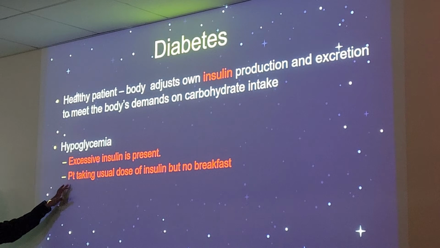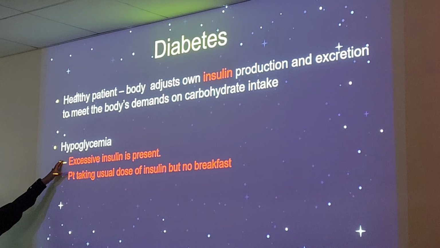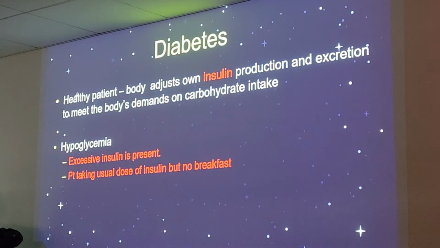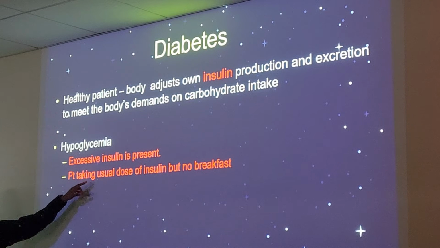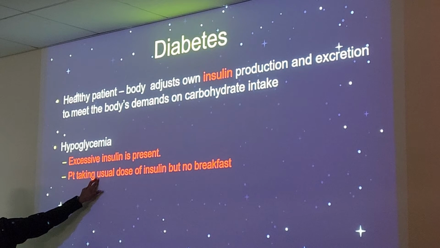So they take their usual dose of insulin, but they don't eat breakfast. So for the brain to function, it needs some sort of glucose or sugar, correct? So when they take this insulin, the brain uses that very quickly. So then they become hypoglycemic. Their sugar level falls quickly because the brain's already using this up.